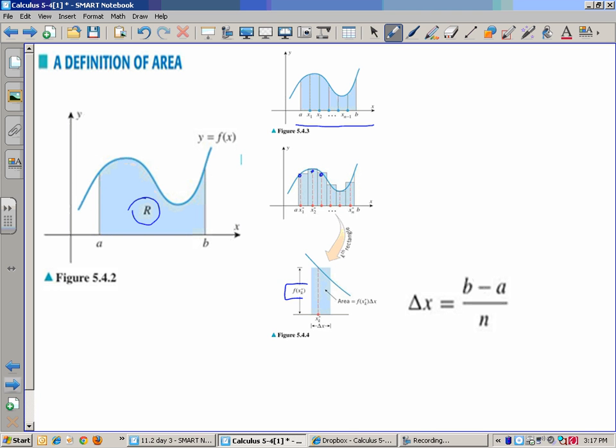We're going to talk about this f of x star k. This right here, delta x, is going to become your base, okay? b minus a over n. n is the number of rectangles. And remember that your interval notation is written like that. So you're really looking at your left and right bounds for your interval.